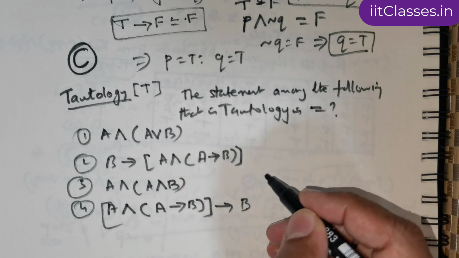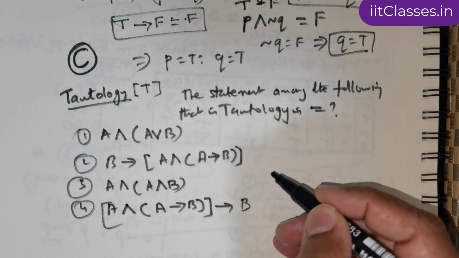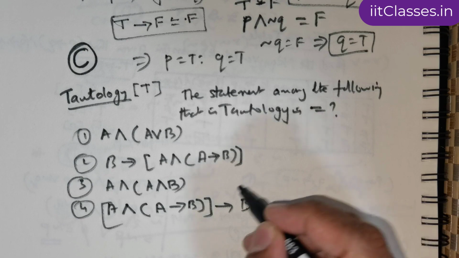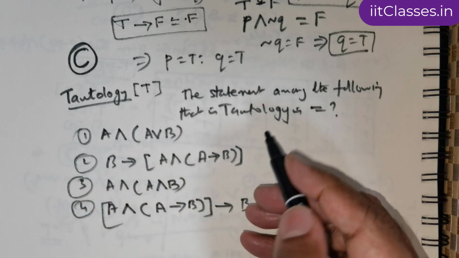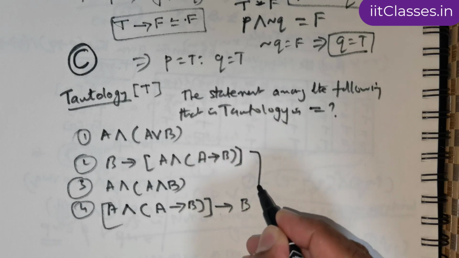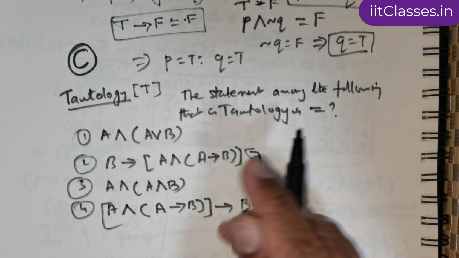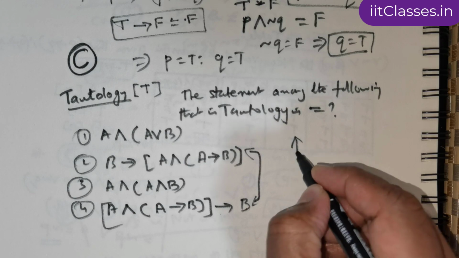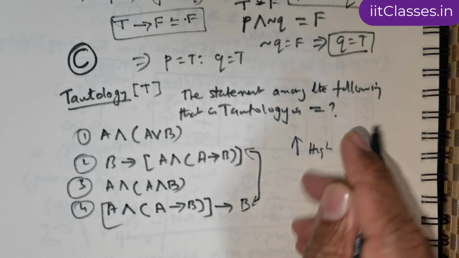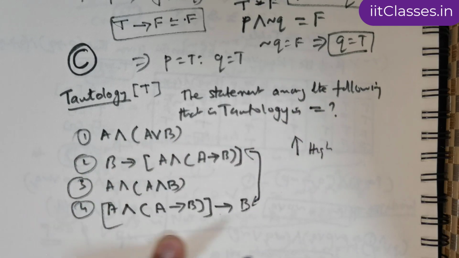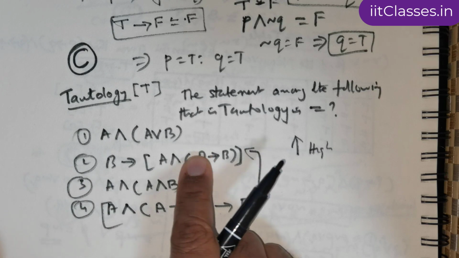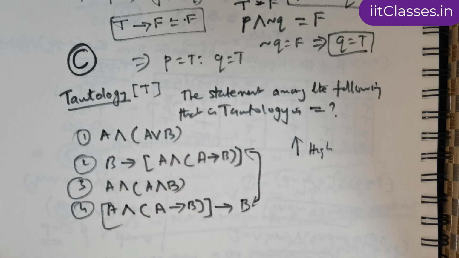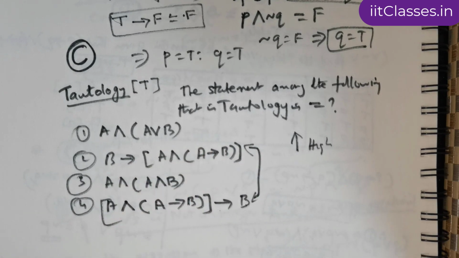Now the rule of thumb is, whenever you have an implied sign like this, the possibility of these two resulting in a tautology is high. Have that in mind. That's the technique you need to know. Whenever there is an implied sign, those choices have a high probability, so you can start off with those choices.